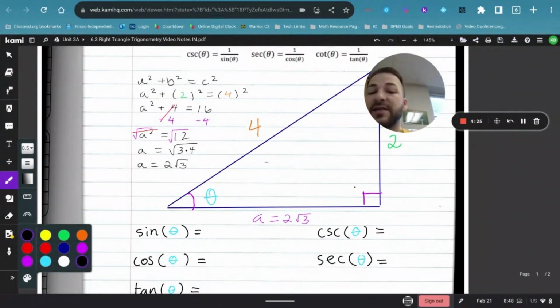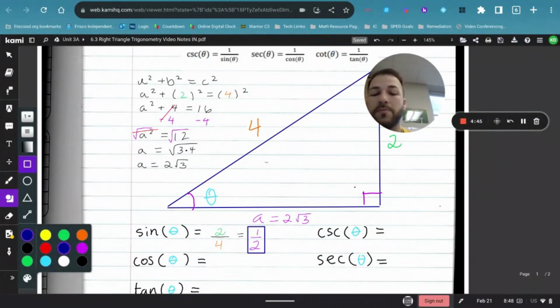So sine is equal to 2 over 4. And then, of course, if I can, I always want to look to reduce. So 2/4 does reduce down to just 1/2. And that would be my final answer. And that's all there is to it. Now, some of them, of course, if I have radicals, I might have to do a little bit more work. But it's really as simple as that.